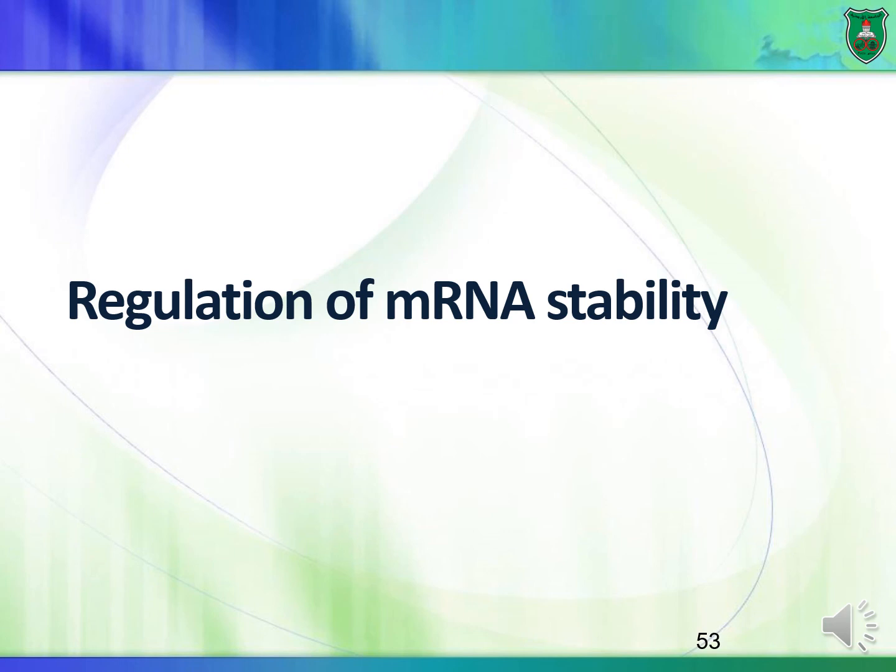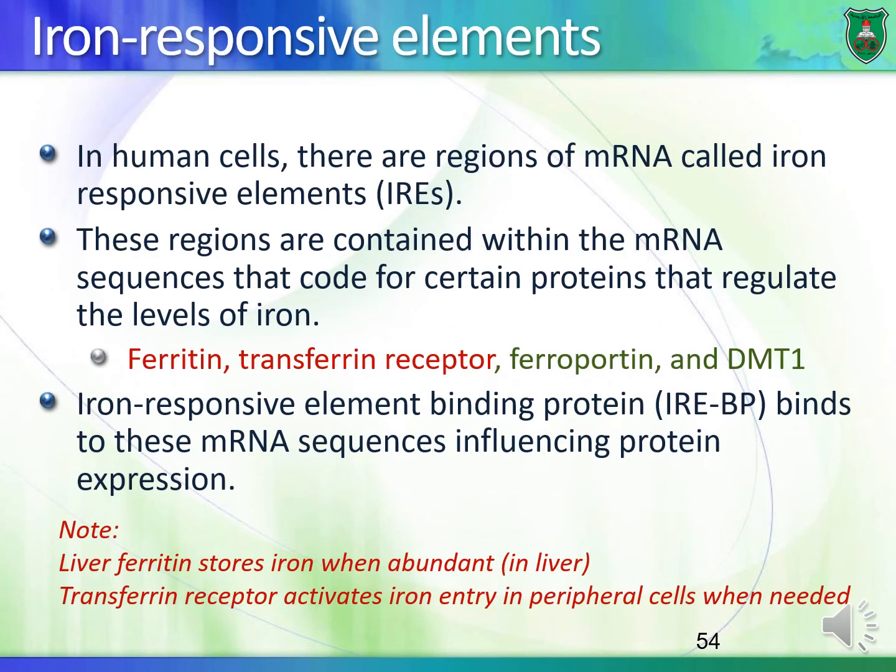So finally, let's talk about regulation of mRNA stability as a mode of regulation. And I'll give you an example of something known as the iron response elements. So basically what happens is that you have a certain sequence that is encoded into messenger RNA molecules for certain genes.